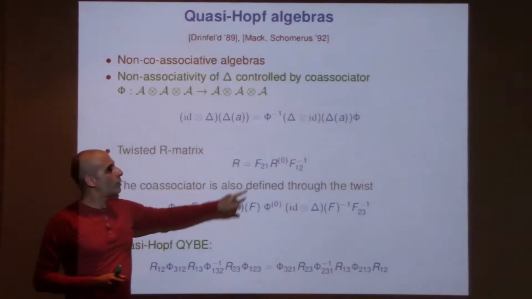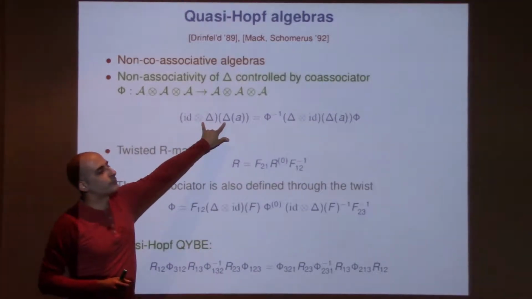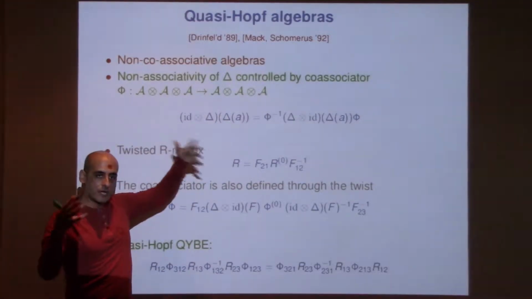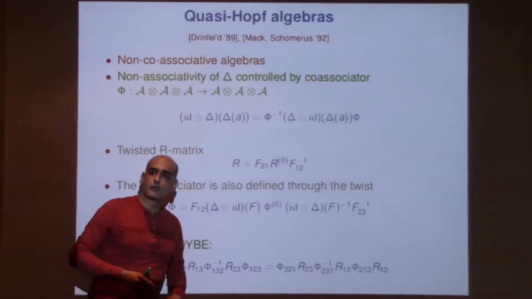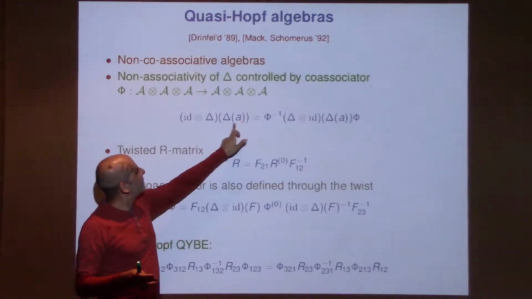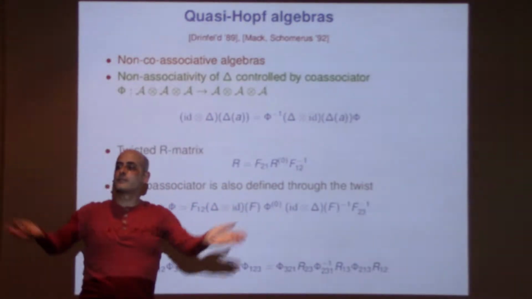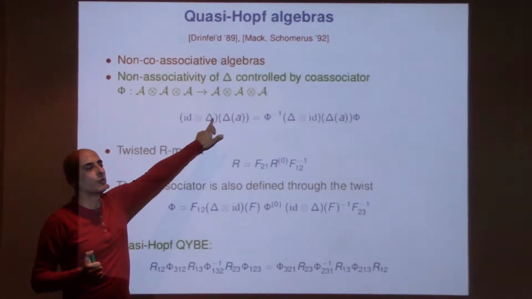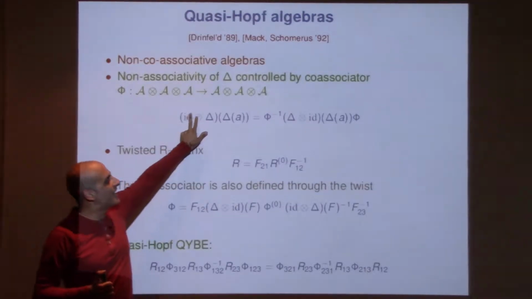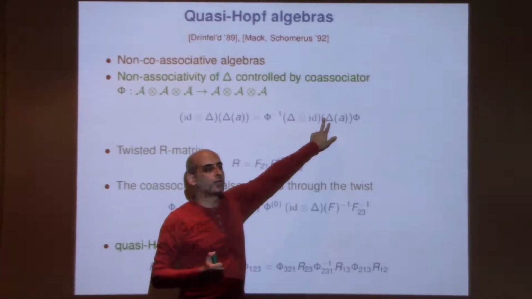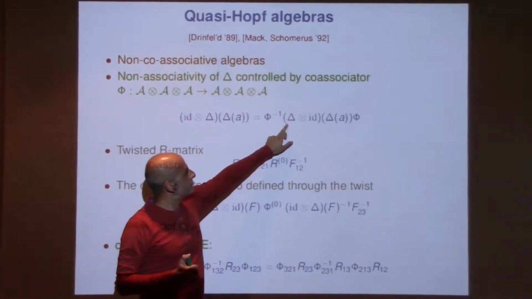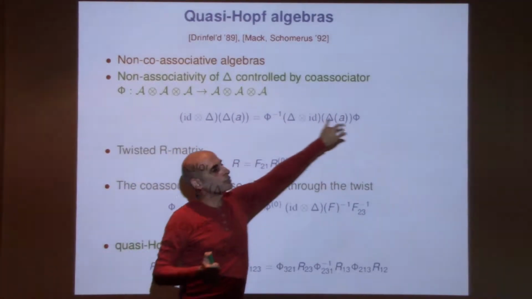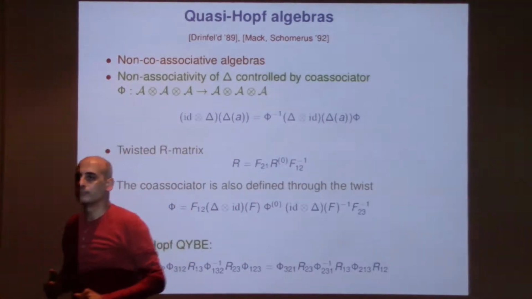Why does it need to live in 3 copies? Because in this notation, we talk about the diagrams I drew earlier, these diamonds. You take an element, you act with the coproduct on the right. You want this element to be related to the cubic element that you get by acting on the left, and the way they're related is through the action of this co-associator phi.